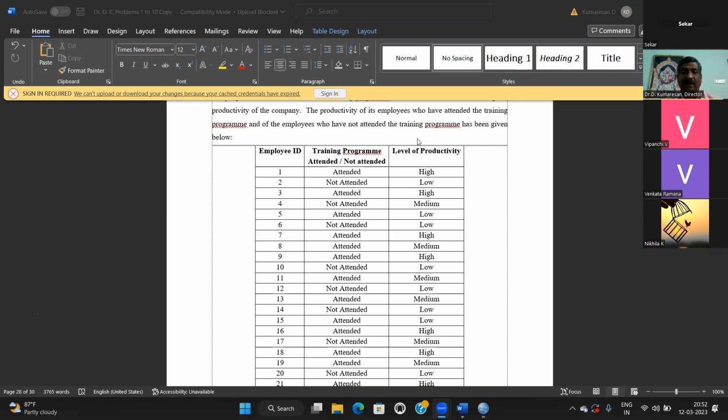But in what way they are allowing means, the chi-square test can be used for testing the association of attributes. In that case, using that rule, you can use the chi-square test.